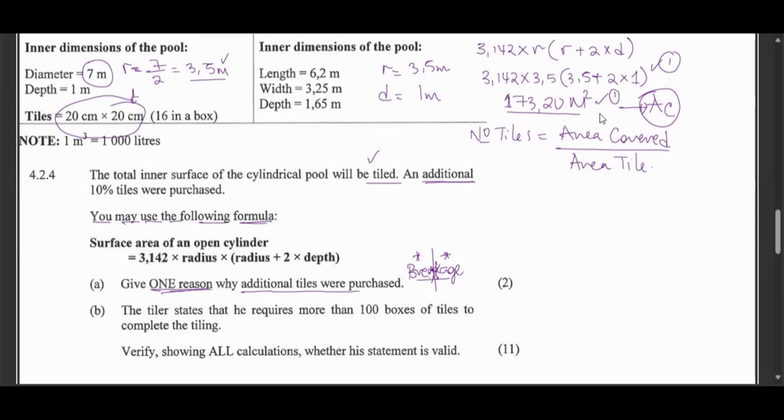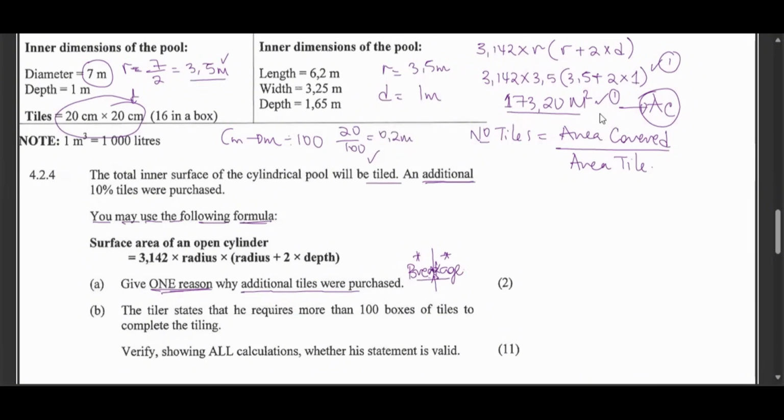How are we going to do this? We are changing centimeters to meters. Small to big, you divide. So what are we going to divide with? 100. Meaning our 20 centimeters, we are going to divide by 100, and the answer becomes 0,2. These have become meters.